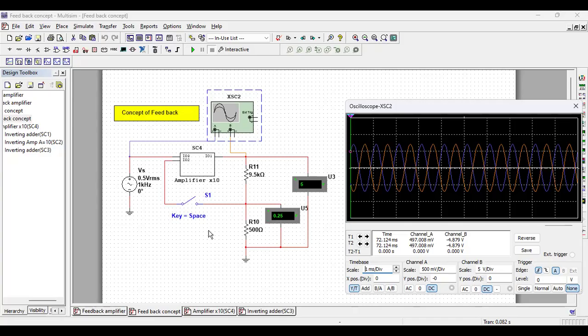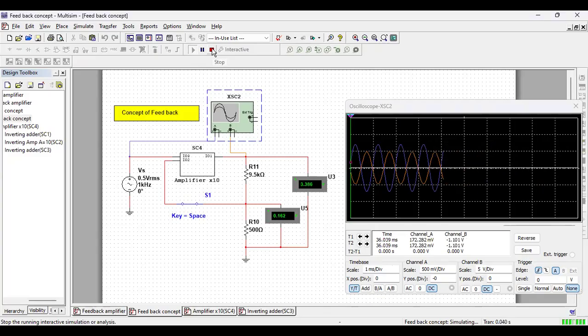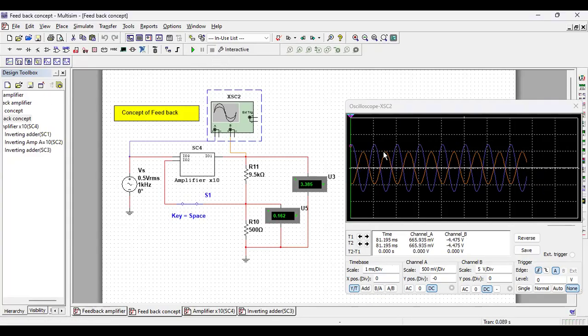Now, if I do that, then what happens? Then what will be the gain? So I close this switch, I run it once again. Now I see the red line amplitude has dropped and it has become 3.385 volt. Input was 0.5 volt RMS.